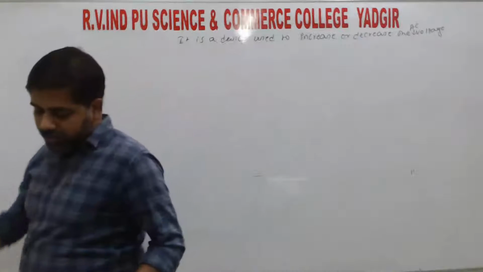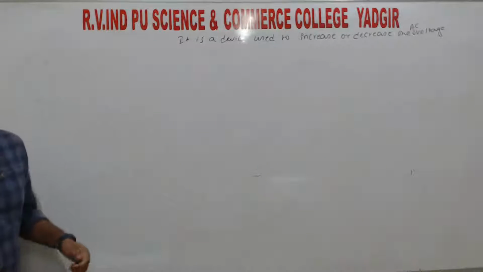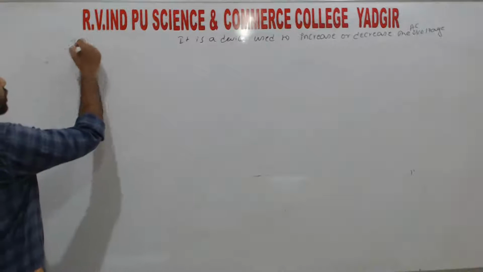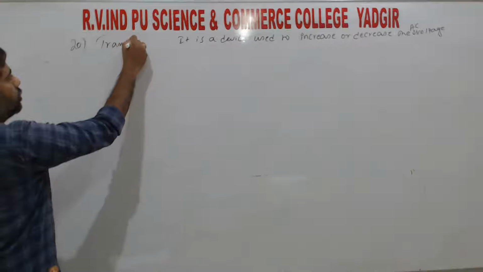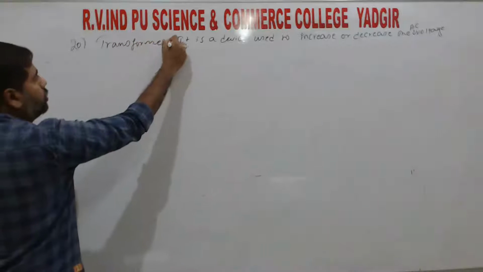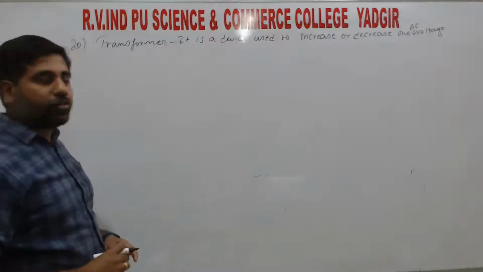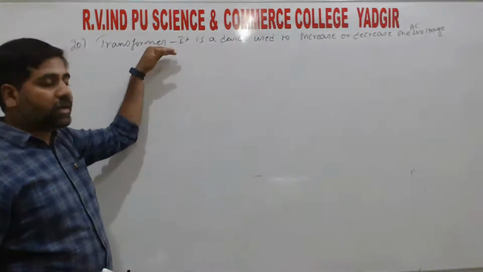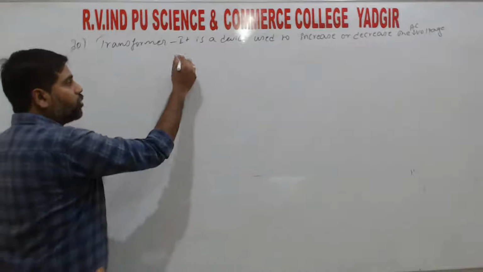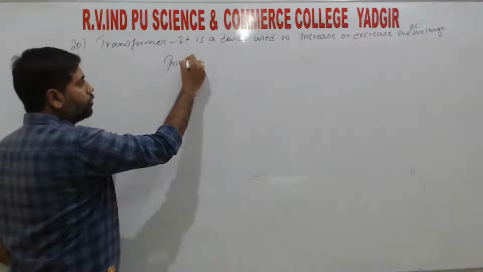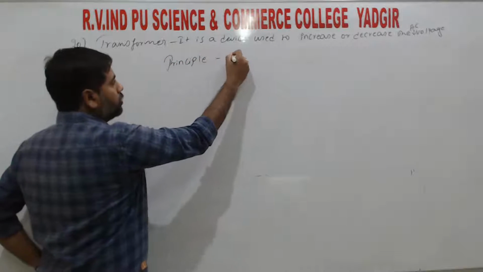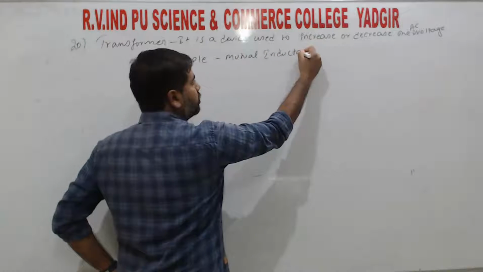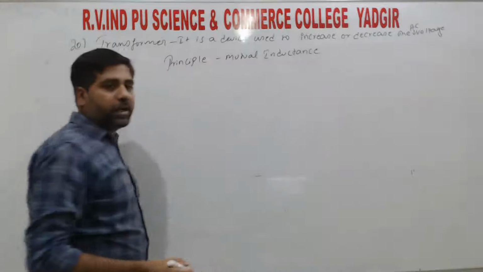So a transformer is a device which is used to increase or decrease the AC voltage. On what principle is the transformer working? The transformer is working on the principle of mutual inductance, right? So what is mutual inductance?